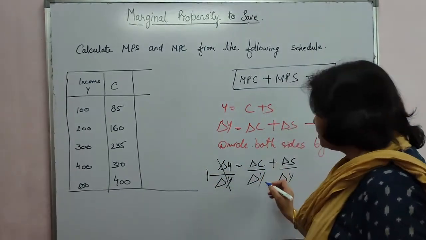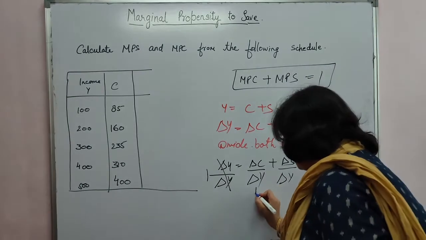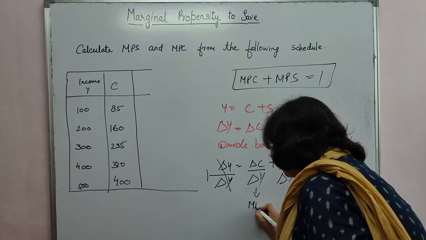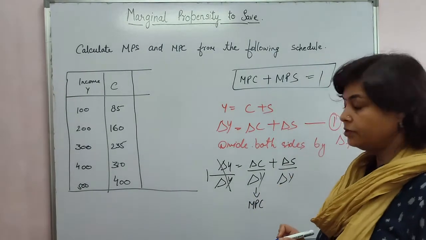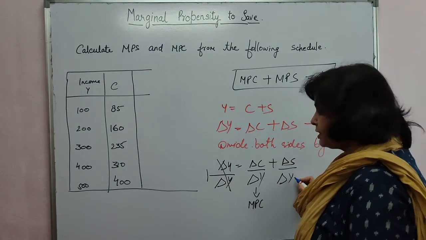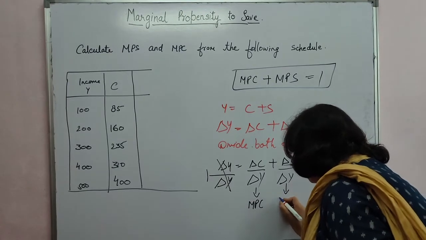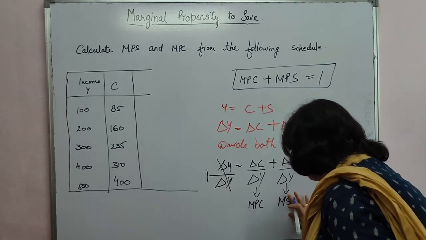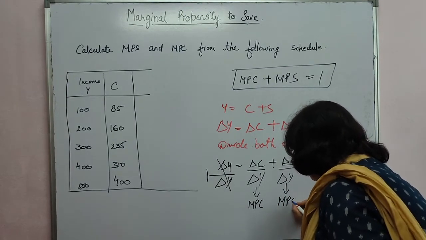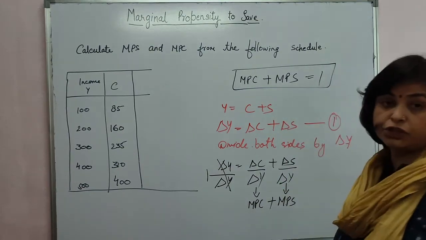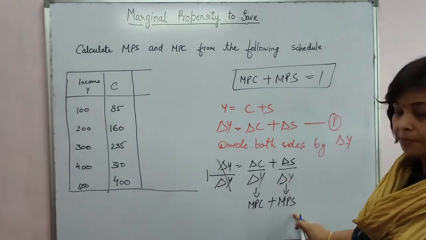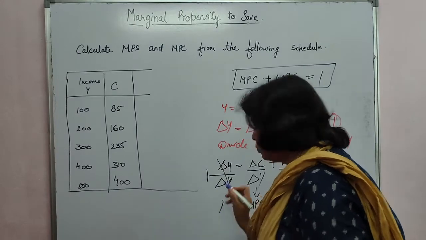Now we know that delta C upon delta Y is marginal propensity to consume. In the same way, delta S upon delta Y is marginal propensity to save, MPS. So the addition of MPC and MPS is equal to 1.